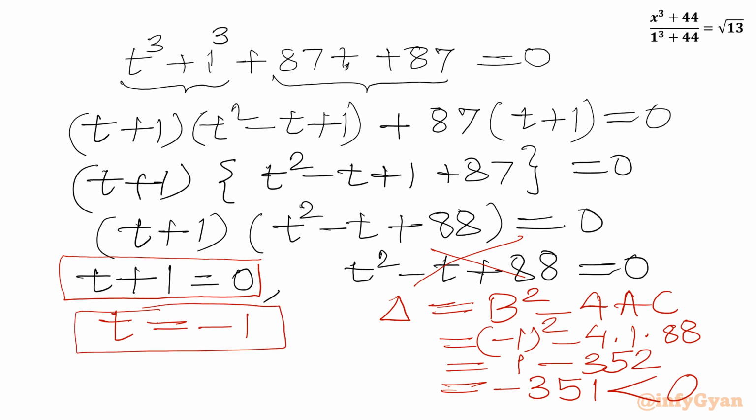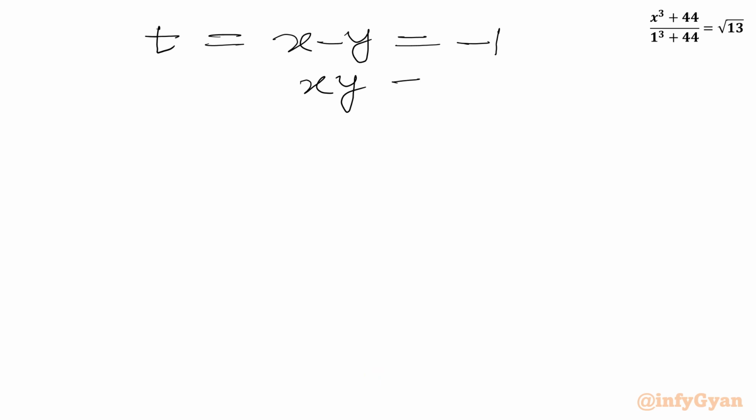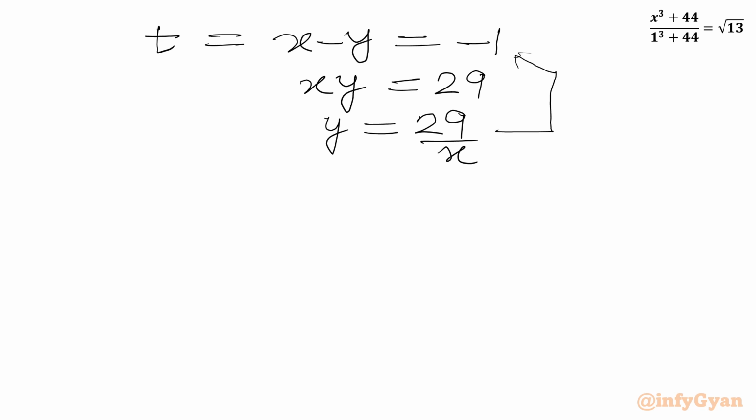Now t was our substitution. It was x − y. So we will be writing t = x − y = −1. And our equation 2 was xy = 29. So from here I can write y = 29/x, which we are going to apply here.